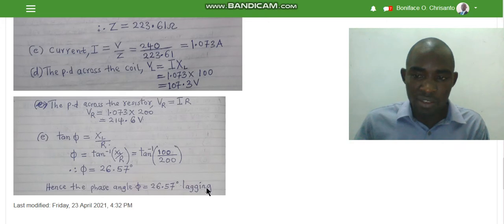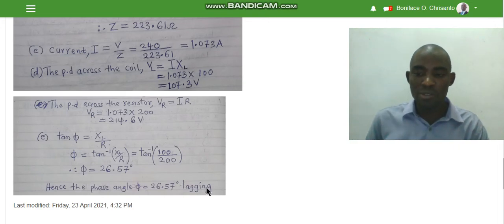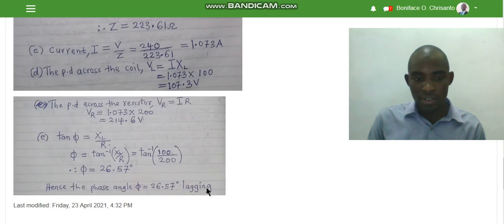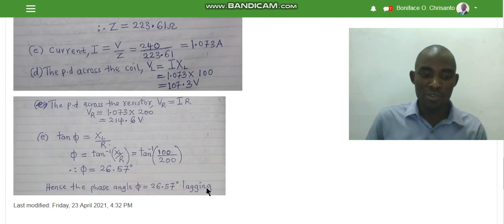So we can say the phase angle phi is 26.57 degrees lagging. We are using lagging because we are talking of an inductive circuit. An inductive circuit is said to be lagging. Remember, our point of reference is current, and in an inductive circuit, current lags. This angle is always attached to the current.